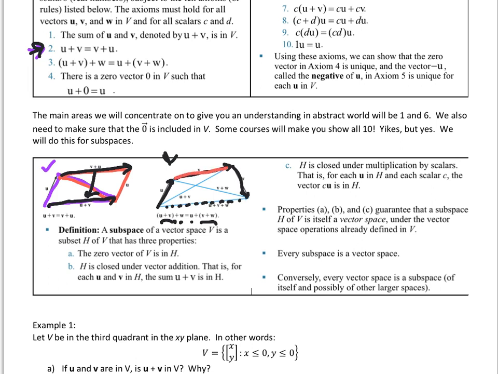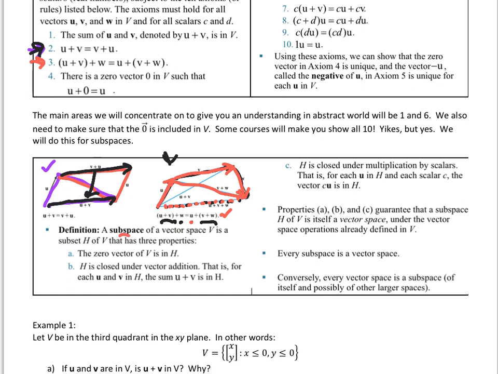So I'm going to do v plus w, and then I'm going to take u and add it to that. So u plus the v plus w, which I had right here, is going to end up with this vector right here. In other words, whichever way you do it, doesn't matter. So that holds true. Which property was that above? Well, that's number 3. So we can keep on doing a lot of these things.